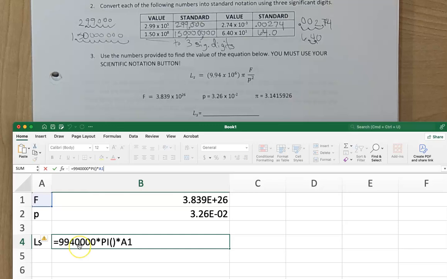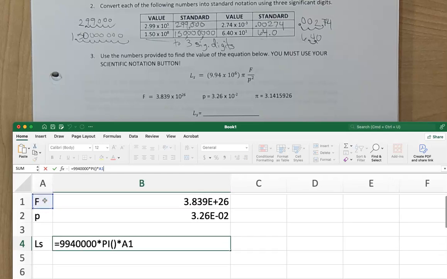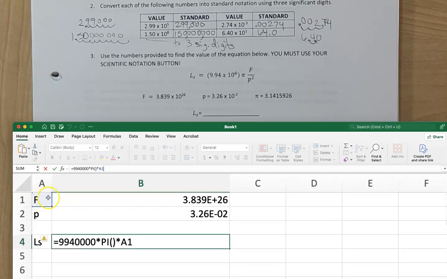It's the same value, so who cares? So 9.94 E6 times pi times A1. Oops, that's not helpful, because A1 is not where the value of F is. I just wrote F as a label. So I put in B1, so the program will take whatever value of F I put into B1 and copy it over right there.